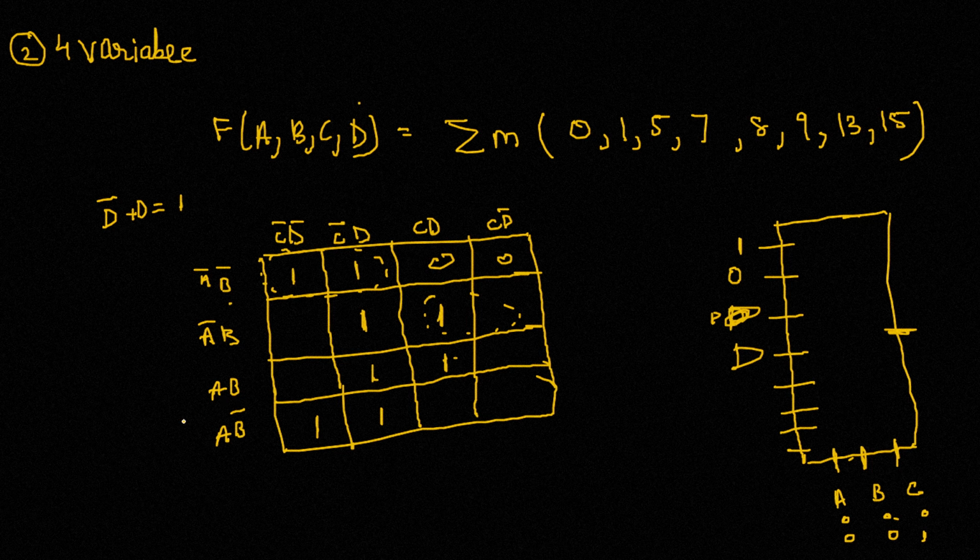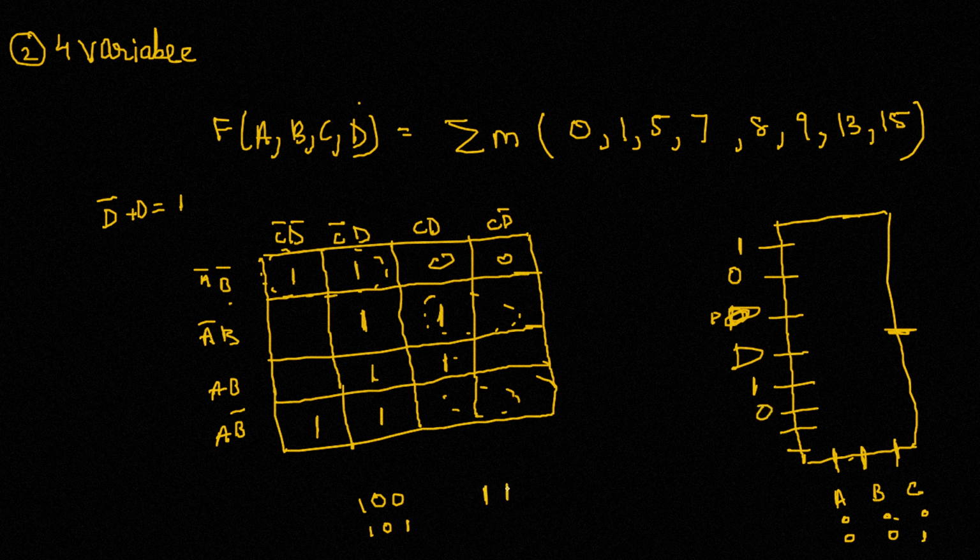After that we have 1, 0, 0, which is A, B complement, C complement. A, B complement, C complement again gives us 1. Then we see A, B complement, C, which is these two, and we get 0 here.